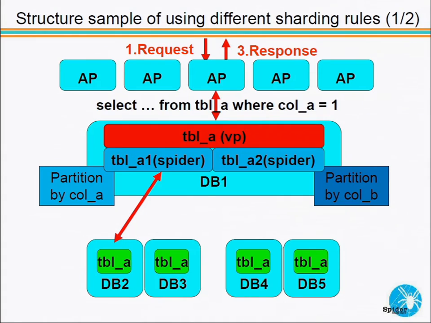For example, Spider table A1 is partitioned by column A. Spider table A2 is partitioned by column B. When an application sends a query with where column A equals something, the VP table chooses table A1, then Spider sends the query to the data node.